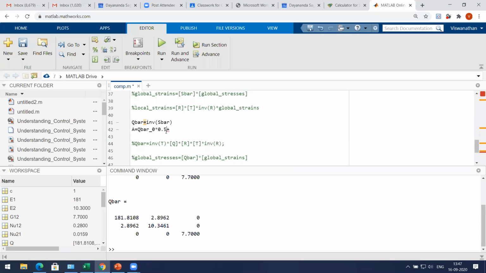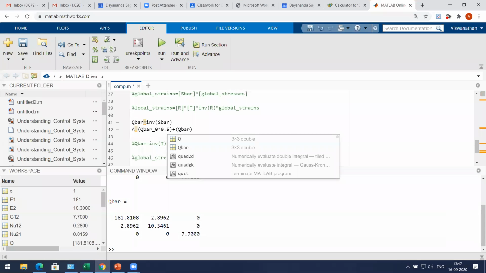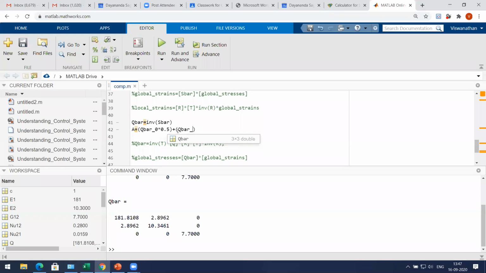This is Q bar at 0 degree, which is nothing but Q at 0, multiplied by 0.5, plus Q bar at 90 degree multiplied by the thickness, plus again this same thing, because 0, 90, 0. So I copy it and put this here.